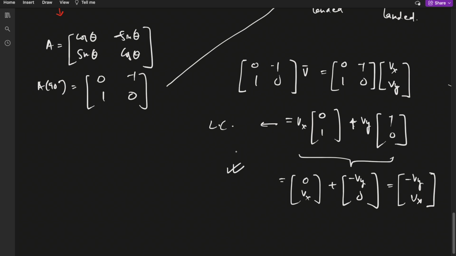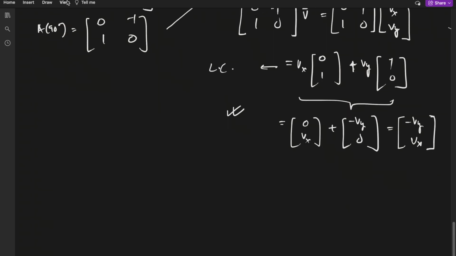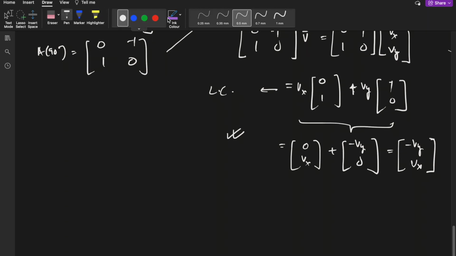Now if it is clear to you, we know that matrix transformation and linear transformation are interchangeable, right? So the same properties of linear transformation apply to matrix transformation as well. That is this one.